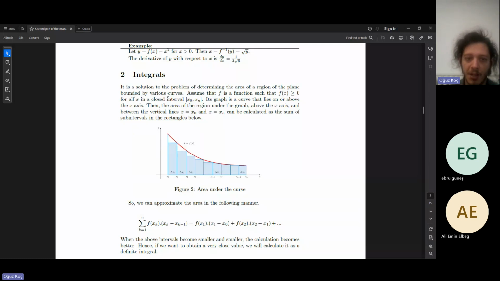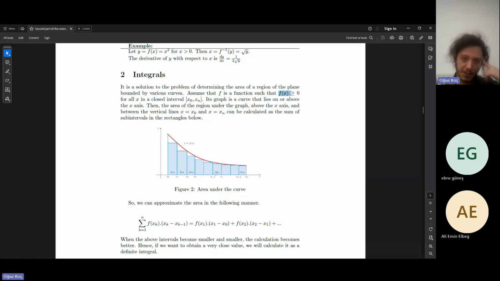The area can be bounded by curves, functions, or lines. And we assume that f is a function such that f of x is greater than or equal to 0 for all x in a closed interval bounded by x0 and xn, and its graph is a curve that lies on or above the x-axis.